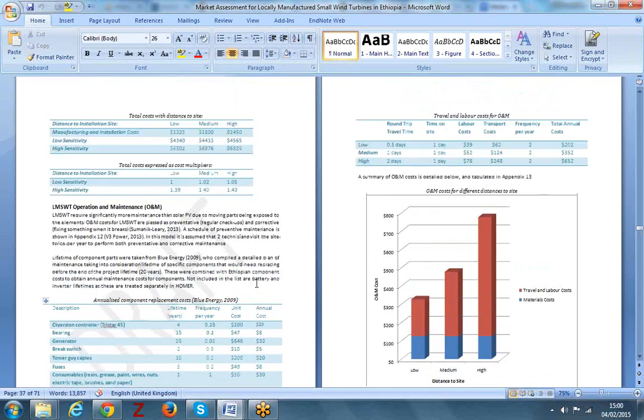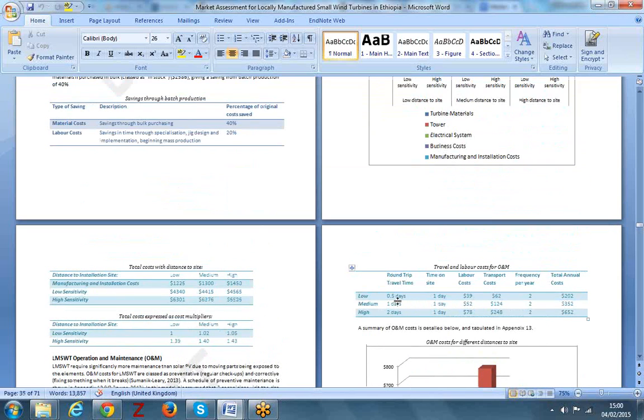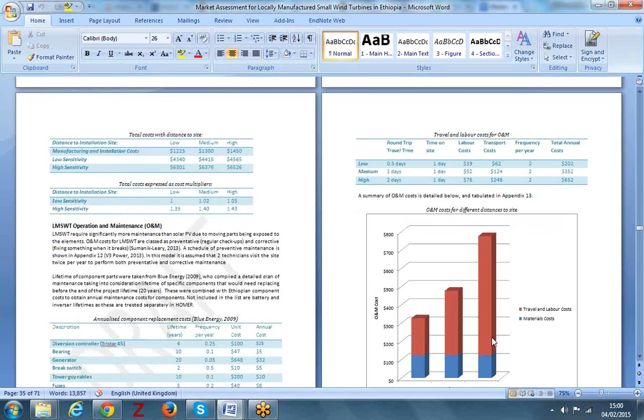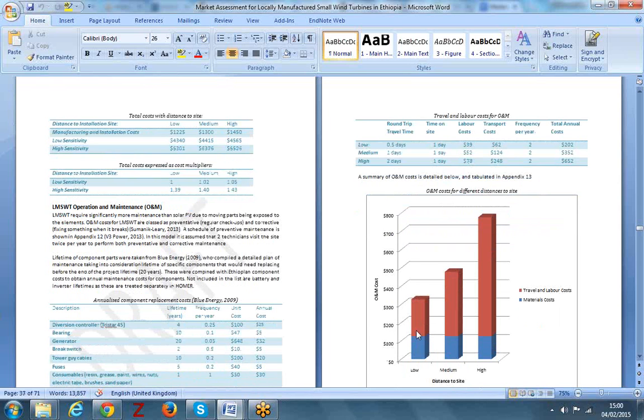And then you also need to put in the cost of technicians visiting the site. And once again, this varies quite a lot with the distance to the site. And if the turbine is sited a long way away from where it's made, then the cost will increase.